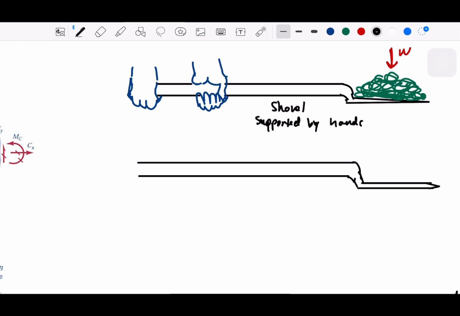Let's say this is having some W there. And let's say we are going to have 3 different points based on the support. So let's say this is going to be point A, point B. This is A, this is B, and this is C.